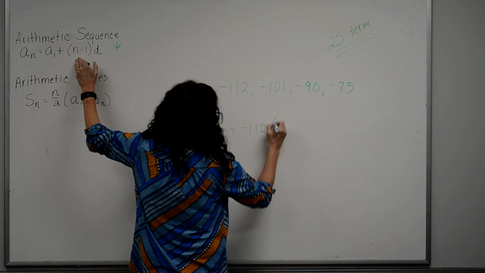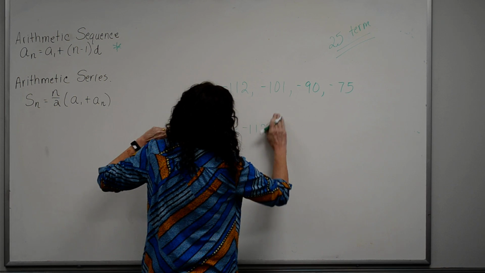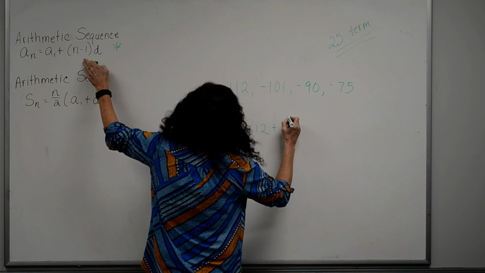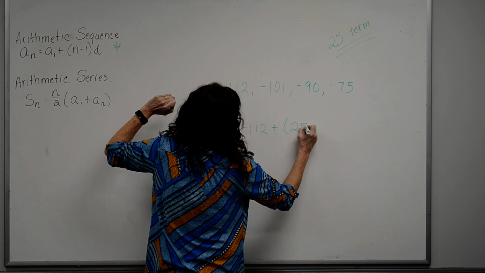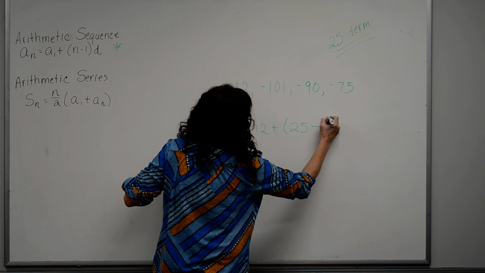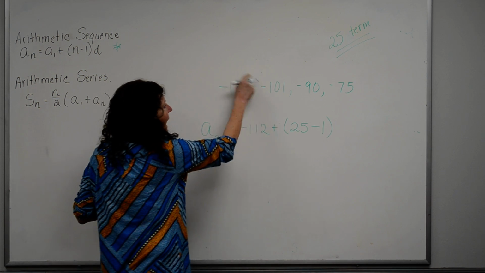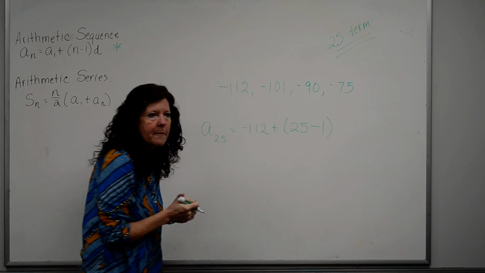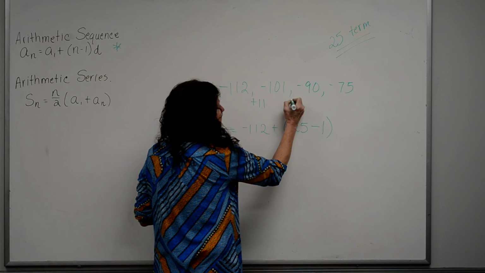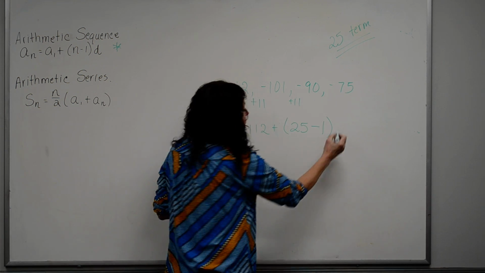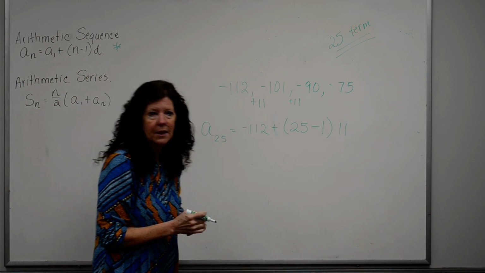Then I'm plugging in here. Whoops, I forgot the plus. So my n is my 25, because that's the term I'm looking for, minus 1. What do I add to this to get that? 11. It's positive 11 each time through. So my common difference is 11.